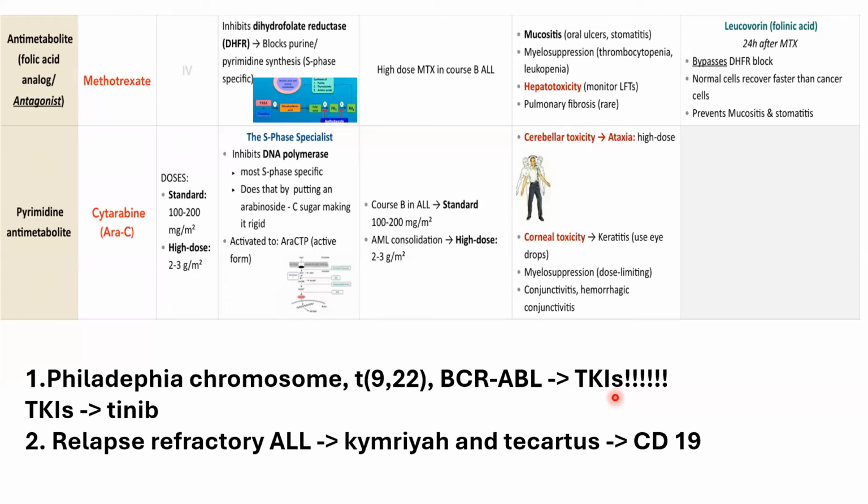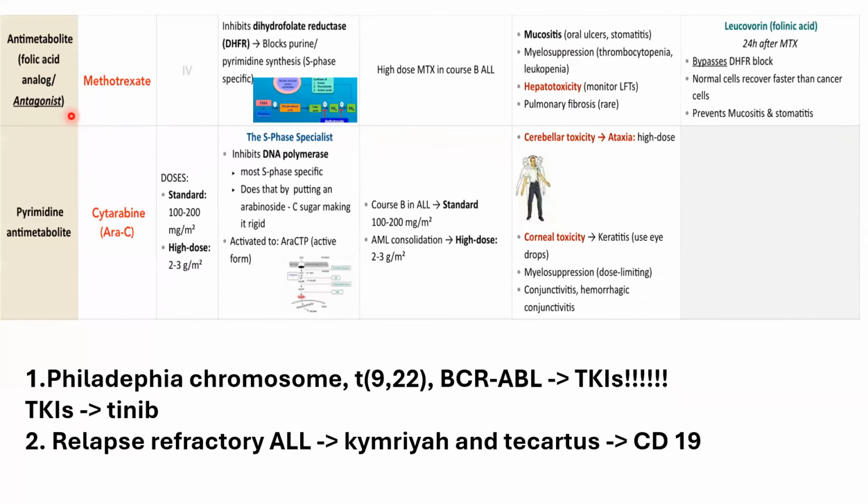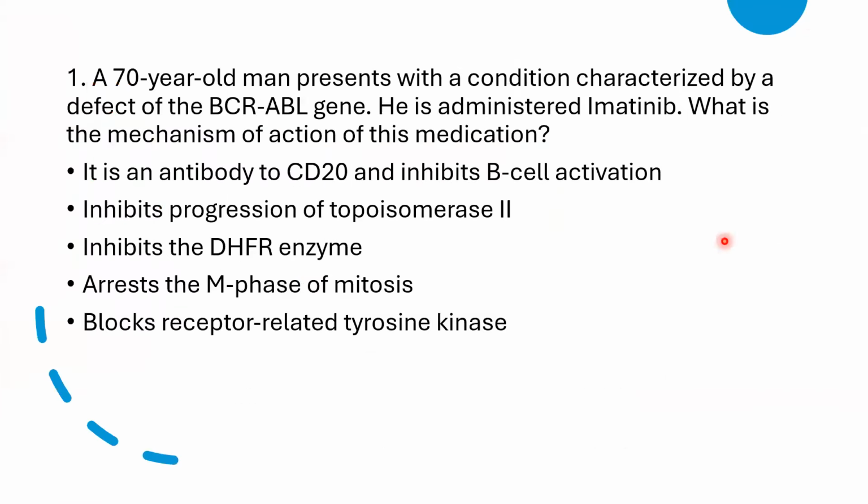However, there is a small subgroup of ALLs that have this mutation as well. So in those little groups of ALLs where they're positive for this mutation, the treatment would be the TKIs, not all of these drugs that we discussed. Okay, so let's apply this quickly to questions. Feel free to pause.